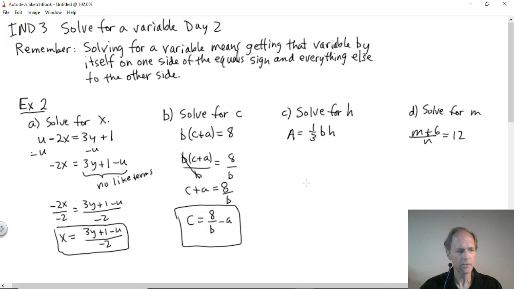So let's look at this next one. Here we're solving for h. So couple things to get rid of. There's the 1/3, and there's also b.